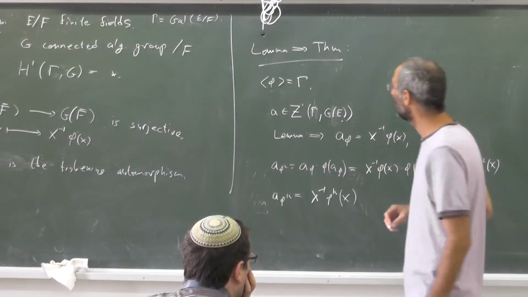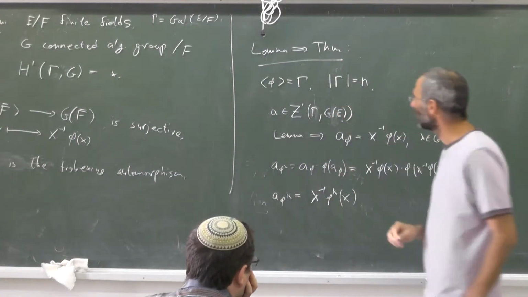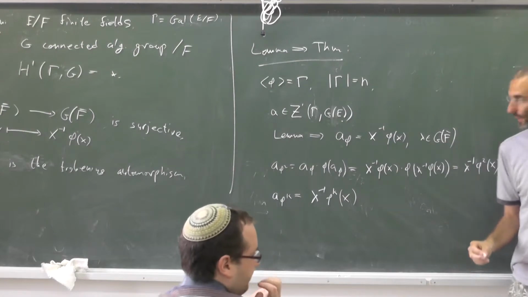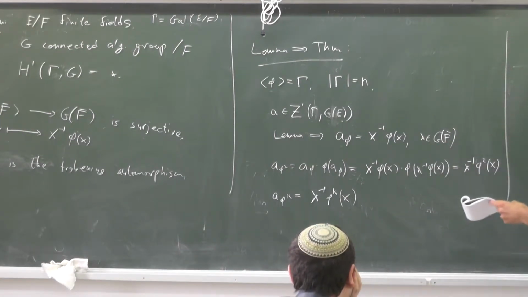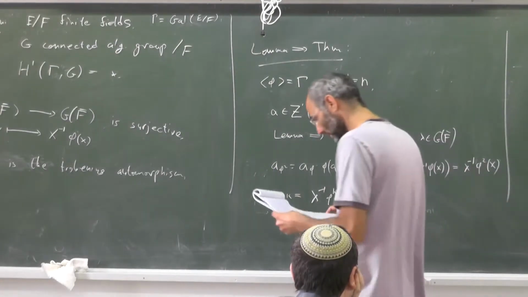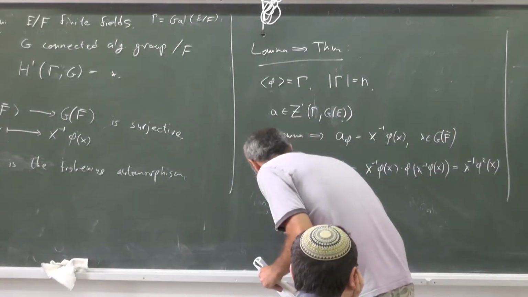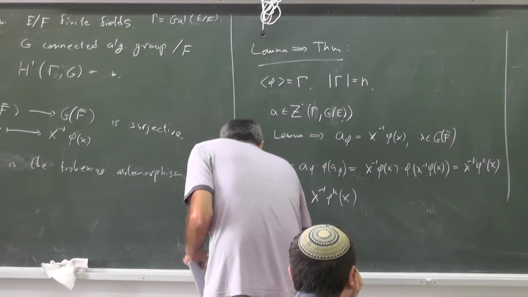And say that by n, the degree of the extension, of course, a phi n is a phi times phi of a phi and so on.